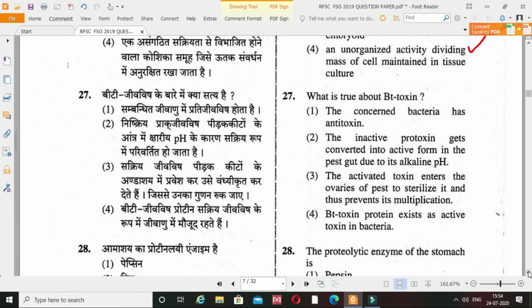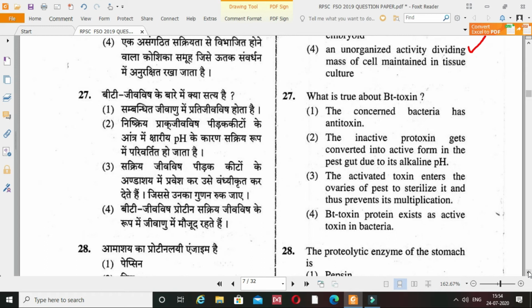Next question 27. What is true about Bt toxin? 1. The concerned bacteria has antitoxin. 2. The inactive protoxin gets converted into active form in the pest gut due to its alkaline pH. 3. The activated toxin enters the ovaries of the pest to sterilize it and thus prevents its multiplication. 4.